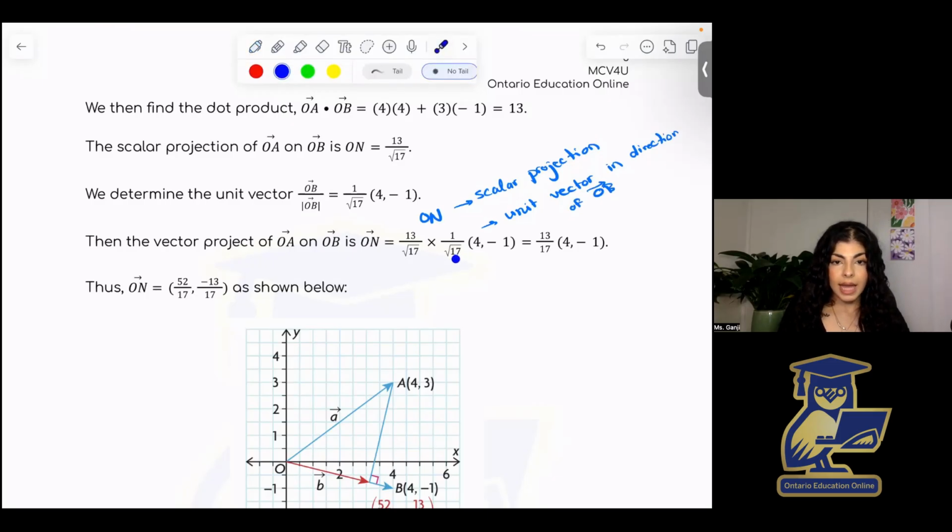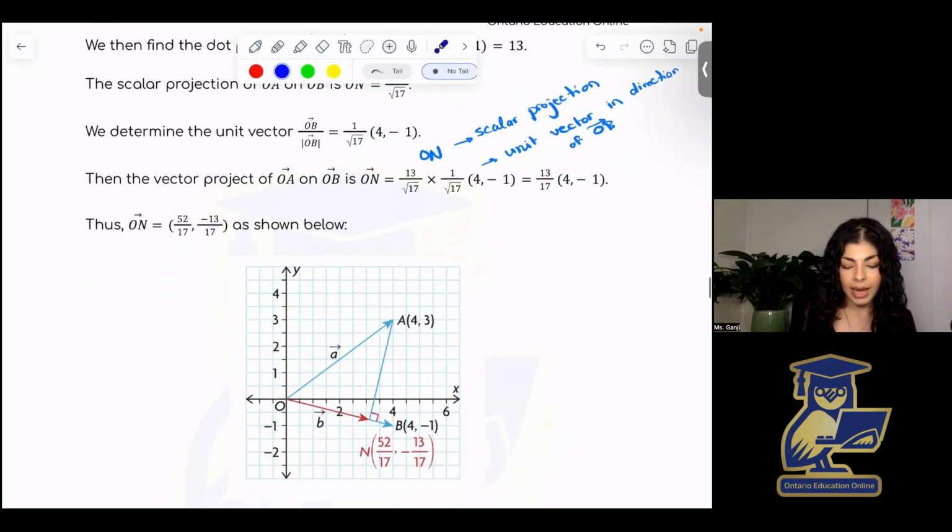The reason I did that is that square root of 17 times square root of 17 is just 17, and then I had that 13 in the numerator. So instead of distributing my scalar twice into the coordinates, I end up with my final scalar, which is 13 over 17, and then I distribute this. So vector ON is given by 52 over 17 and negative 13 over 17.